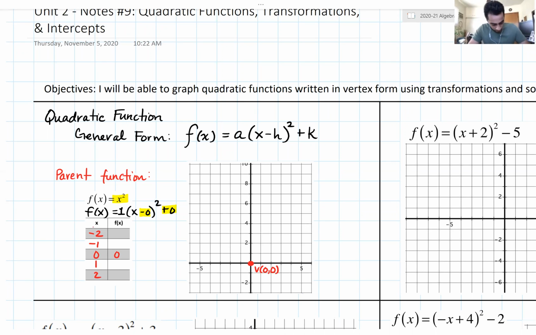So if I want to plug in my values here, -2 into the parent function, then it's simply going to be -2, and then I square it. I would take -1 and square that. I would take +1 and square it, and then I would take +2 and square it. Okay. So since I'm squaring -2, that's why I've put -2 inside parentheses.